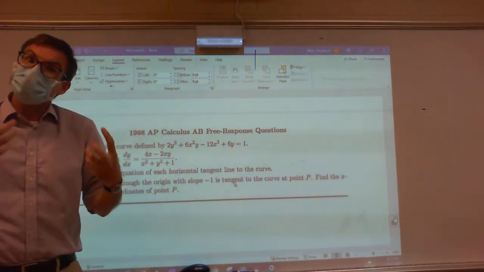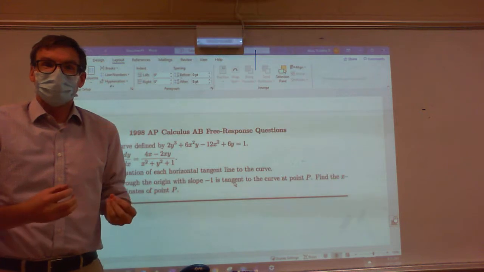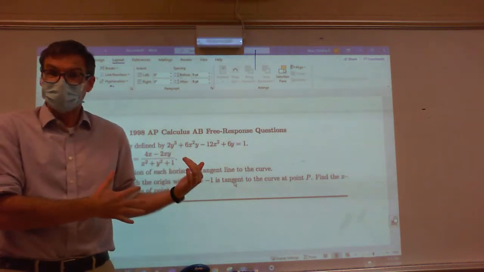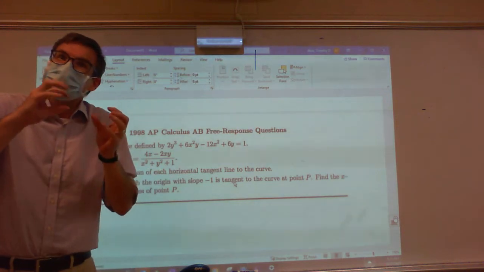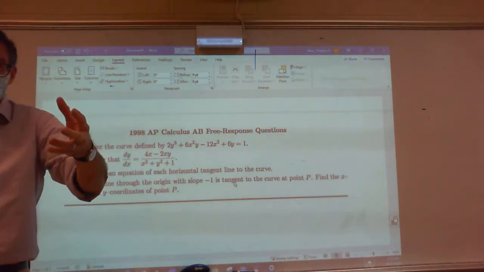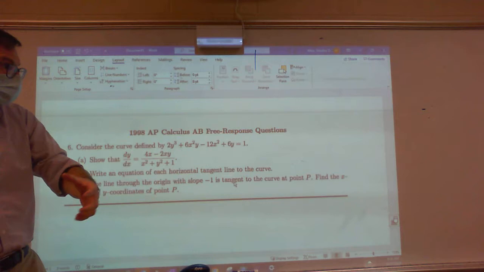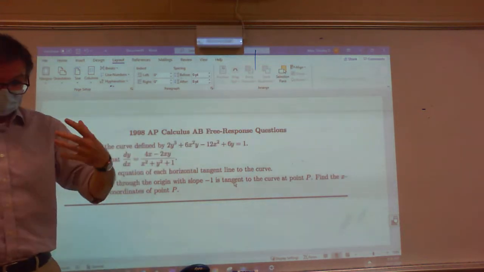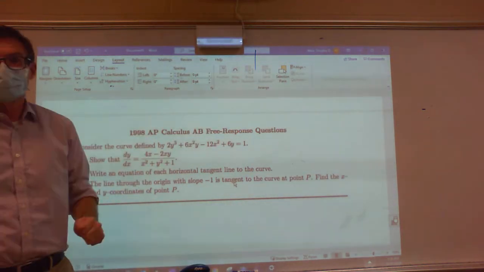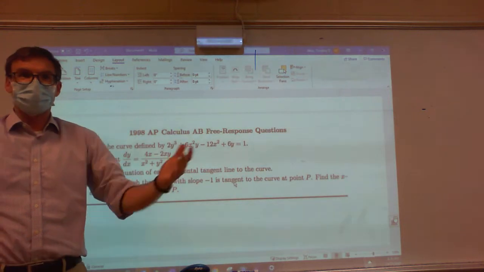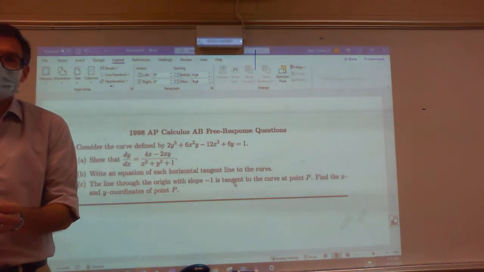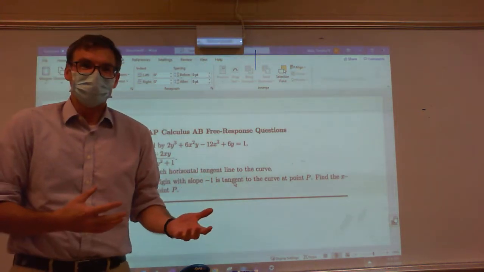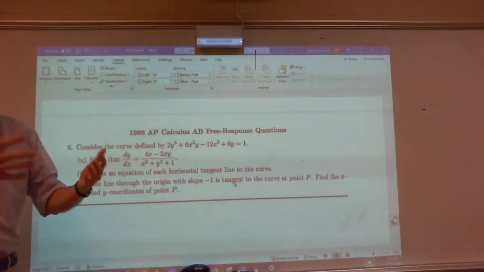They're all measuring the same information, but you're going to get to see how the problems tend to get a little bit harder as the years progress. If we look at some really old free response questions at the end of the course, you might say, well, how did everybody not get 5s? Because they're going to look so much easier than the problems they're giving today. But that's all because things are progressing.